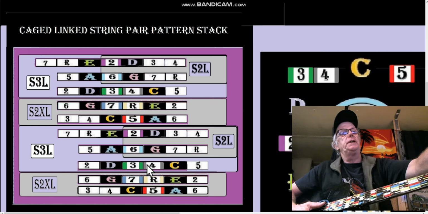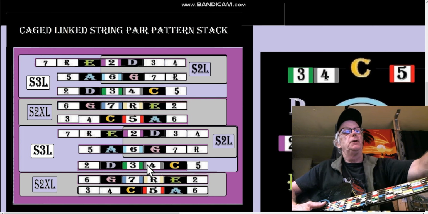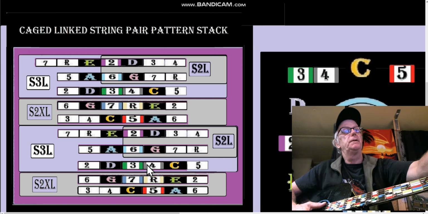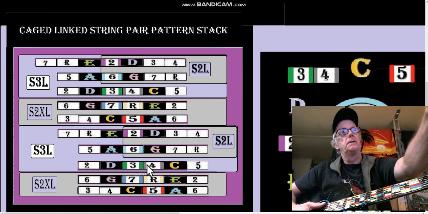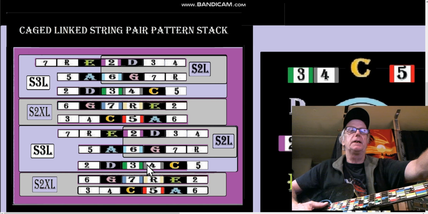Or you could do it in relation to its parent key of C. So that would be a Phrygian pentatonic in relation to the root parent, or you could do it in relation to the 5th.